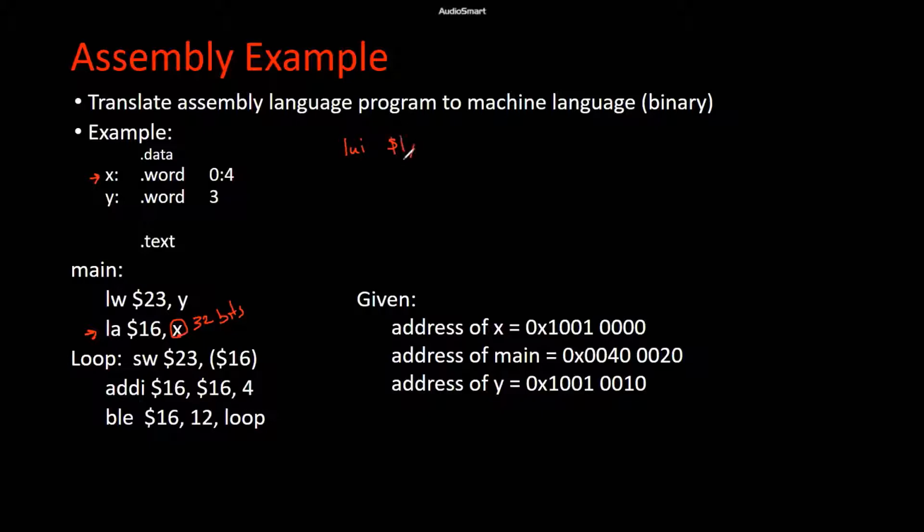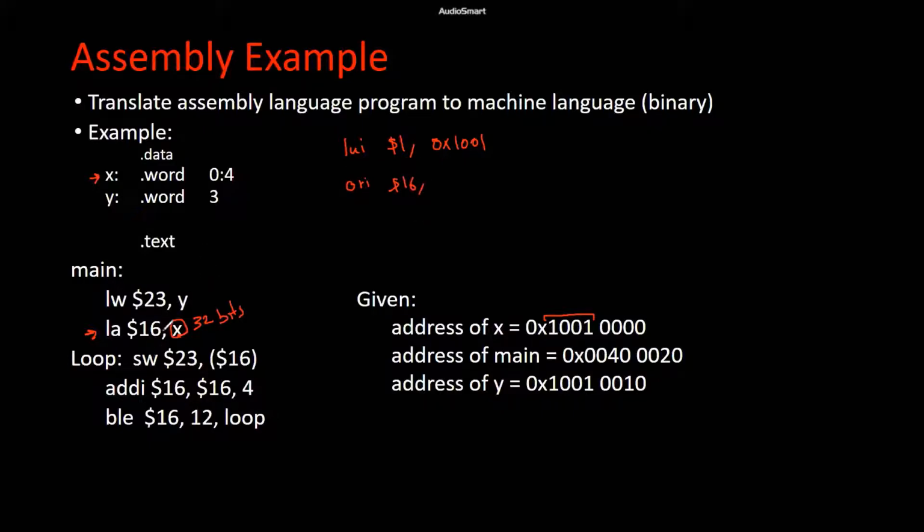So that's kind of the basic thing. First we do the upper half, the more significant one, which is this. And it is a special case, by the way, I will show you. So that first, and then we're going to do an ORI with our destination, which is 16.